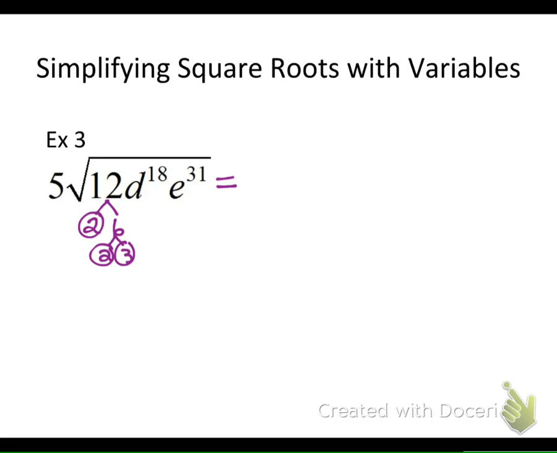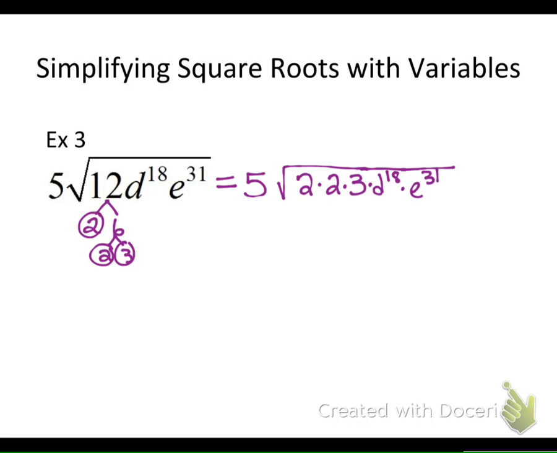As soon as I put equals, what goes first? 5. Good. Don't forget that coefficient. 5 square root of what now? The 2 times 3 times 3, times D to the 18th times D to the 31st. Okay. Extend your line.